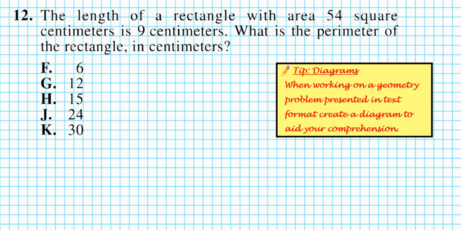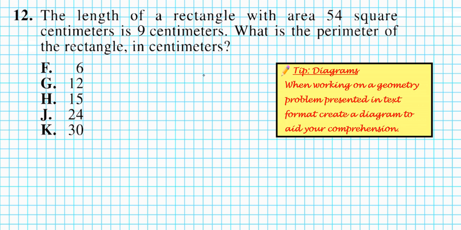Alright, let's take a look at problem 12. It reads, the length of a rectangle with area of 54 square centimeters is 9 centimeters. What is the perimeter of the rectangle in centimeters? One tip I want to give you concerning working with geometry problems of this nature is that if a problem involves a geometric shape or some figure and the problem is presented in text format like this, you always want to create a visual, a sketch of the situation to aid your comprehension.